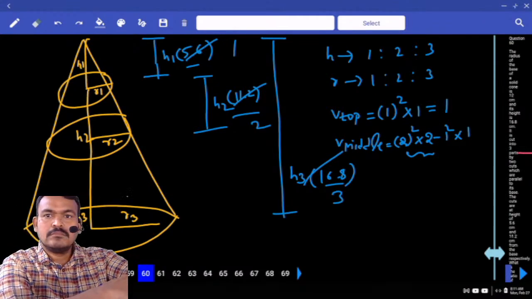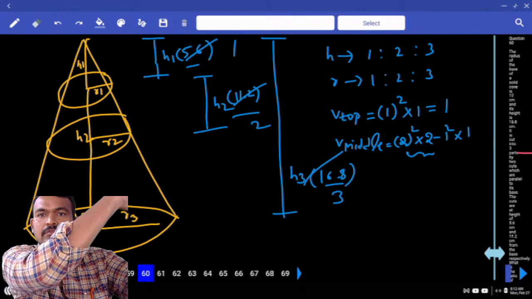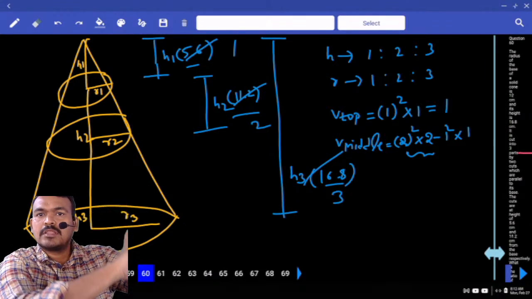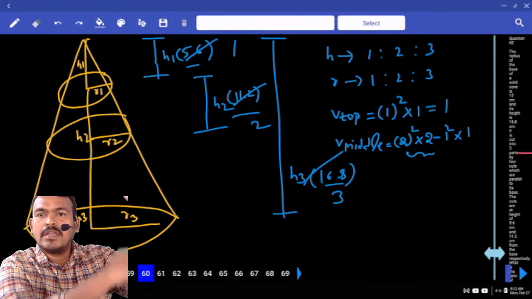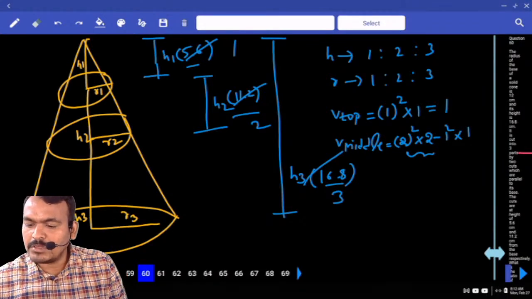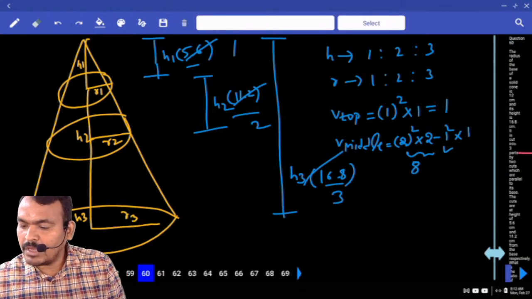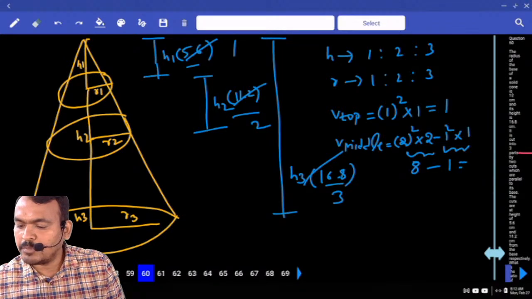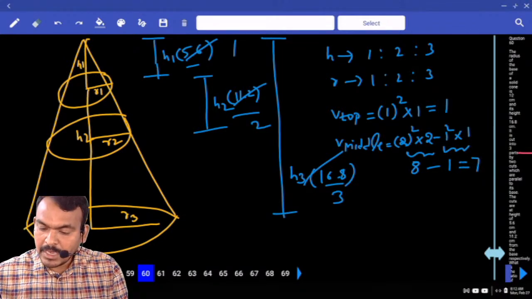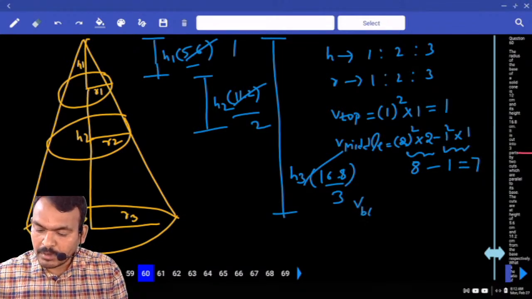From this we subtract the top one, so obviously we get the middle one. 2 square into 2 means 8. 1 square into 1 means 1. 8 minus 1, 7.